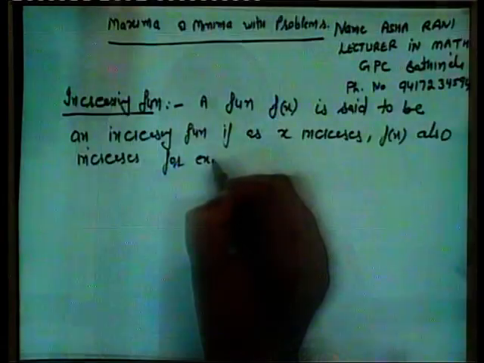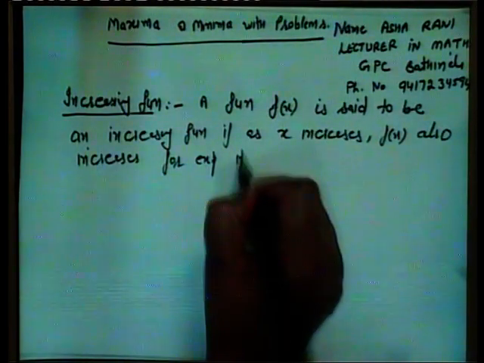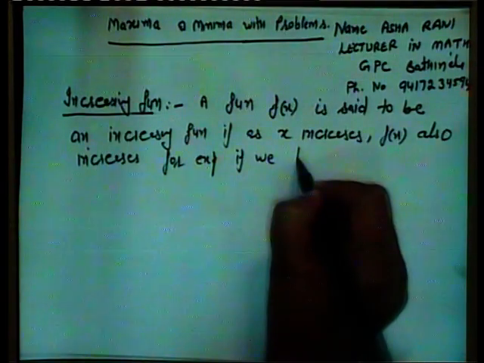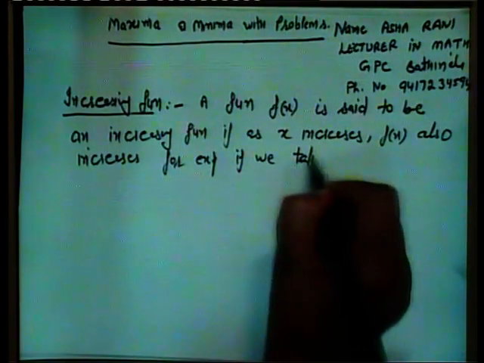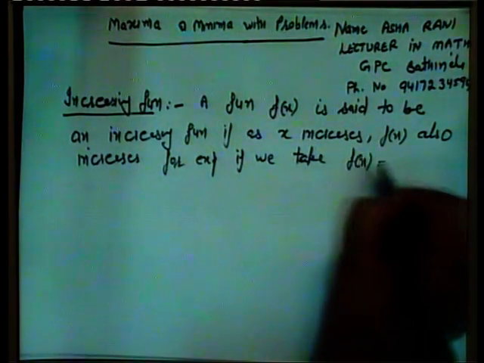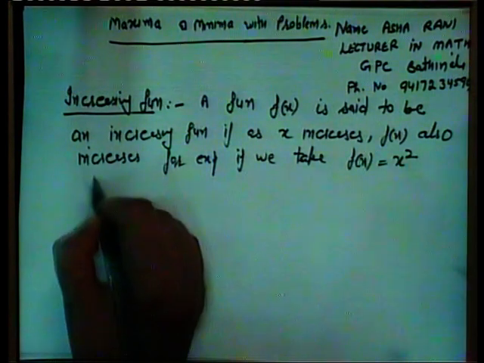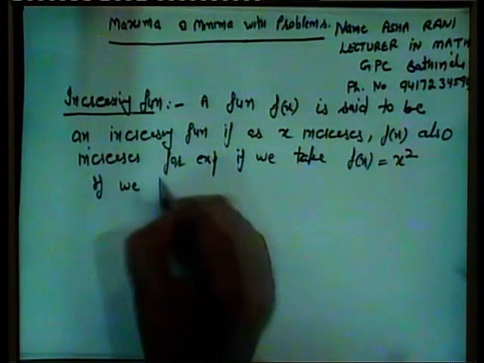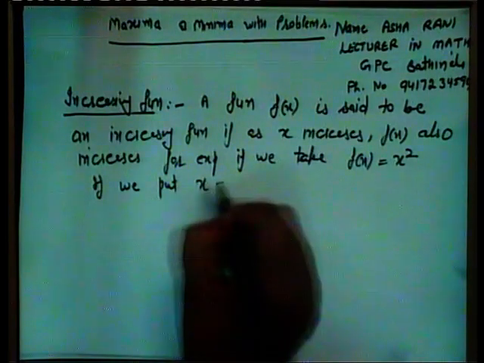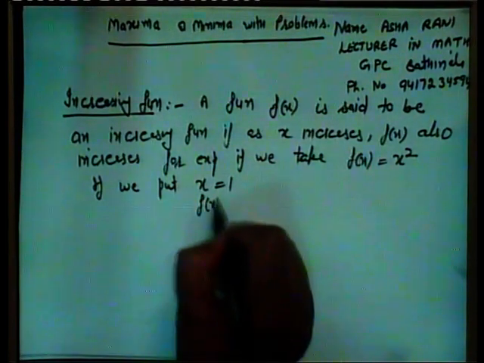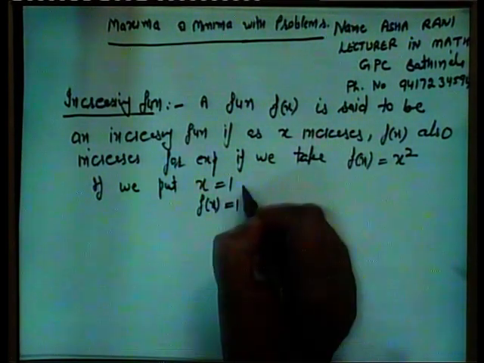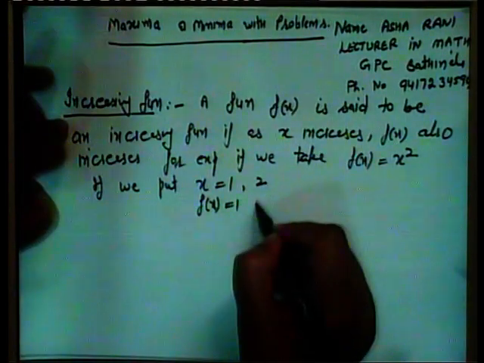For example, if we take f(x) is equal to x square, if we put x is equal to 1, f(x) is 1. If x is 2, f(x) is 4.